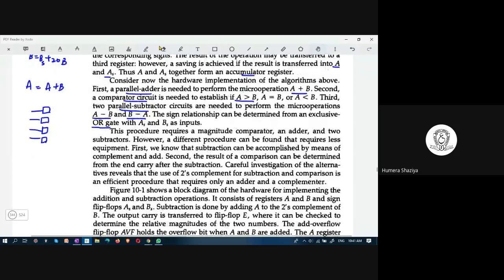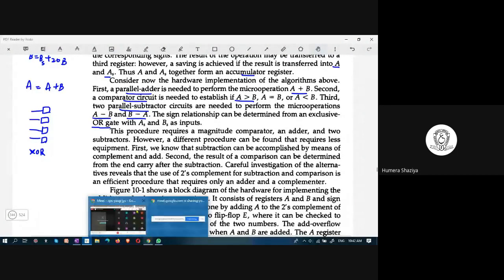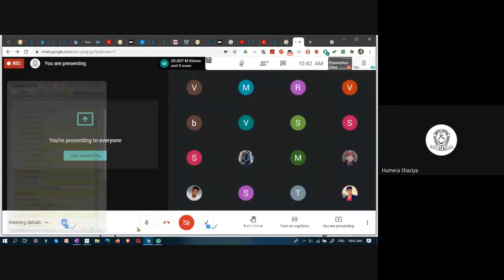Please recall the XOR gate. What is the XOR gate output for different combinations? Can anyone of you tell me? Students, what happened to you today? Are you very happy or very sad? What is the XOR gate?